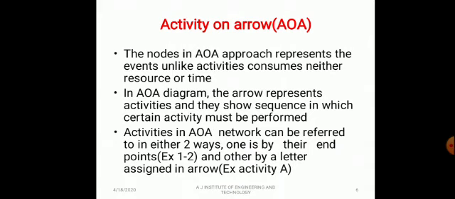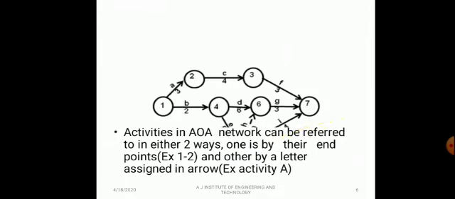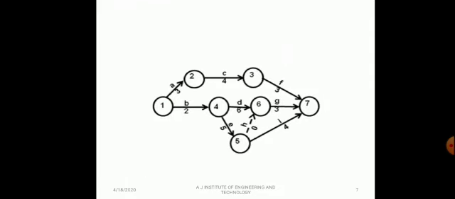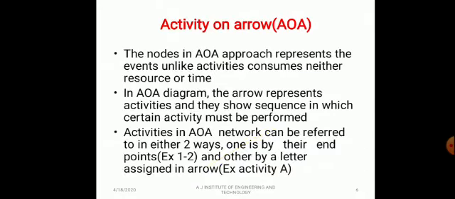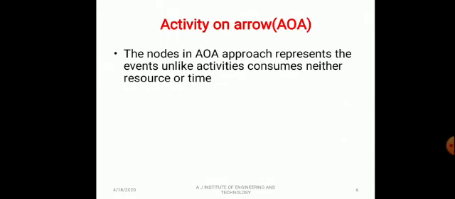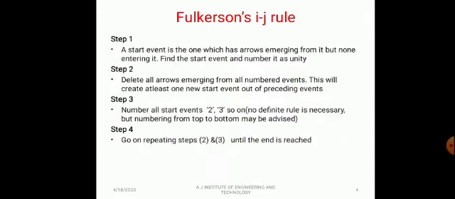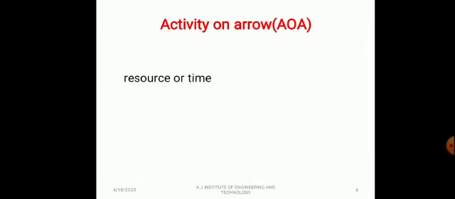Activities in an AOA network can be referred to in either of two ways: by their end points, for example 1 to 2, or by a letter assigned to the arrow, for example activity A. Activity on arrow diagram.